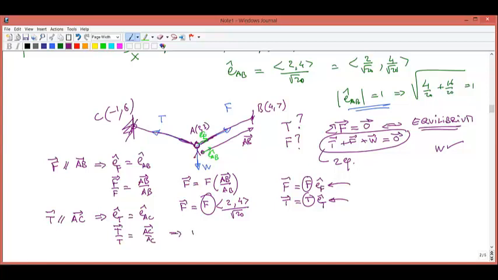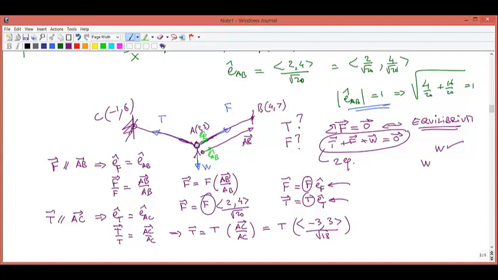Hence, vector T is equal to its magnitude T multiplied by the information about its direction, which is position vector AC divided by the magnitude of AC, or the length. Since we know how to calculate the position vector, AC is C minus A, so minus 1 minus 2, that's negative 3, and 6 minus 3 is positive 3, divided by the square root of 18.